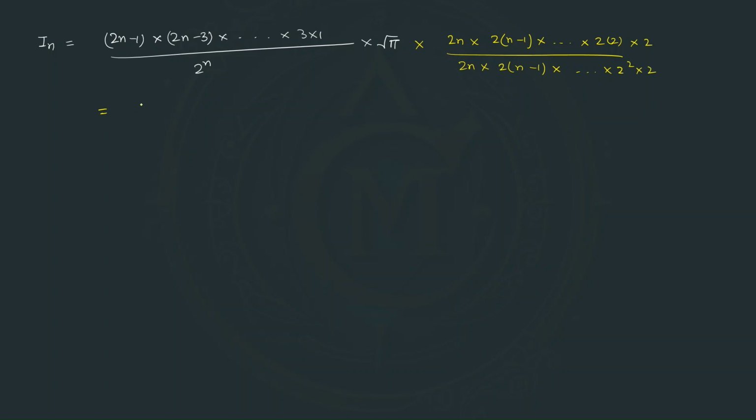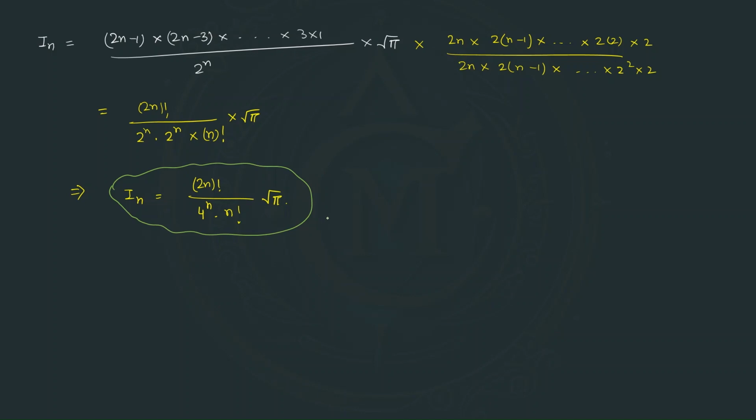We will get 2n factorial divided by 2 to the power n times, now how many 2's are there? There are n 2's, so 2 to the power n times here it will be n factorial, and there is also this root pi. So we get the value of I n, which is equal to 2n factorial divided by 4 to the power n times n factorial times root pi. So we got the value of I n is equal to this.